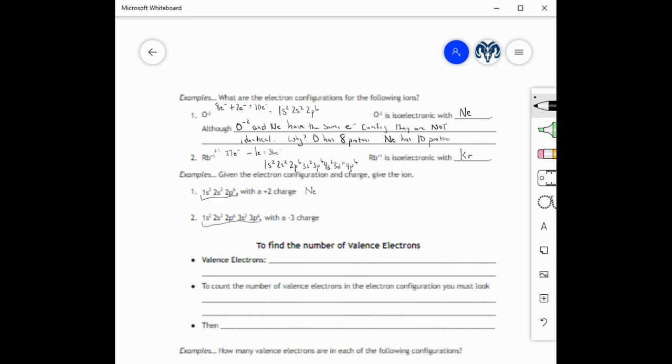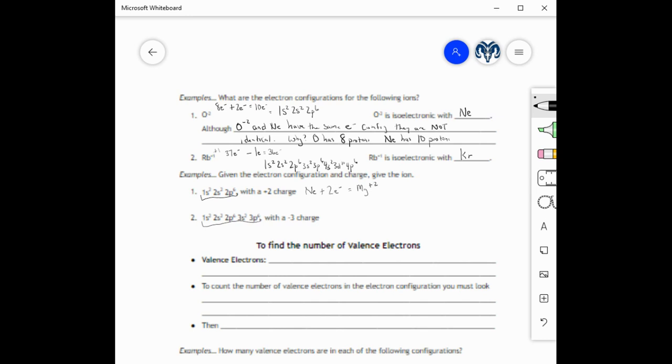But remember, I have a +2 charge, which means that the element that I'm looking for has lost 2 electrons. So to have a +2 charge, what I have to do is add 2 electrons, and that's going to give me magnesium +2.